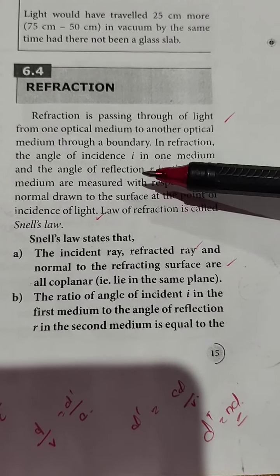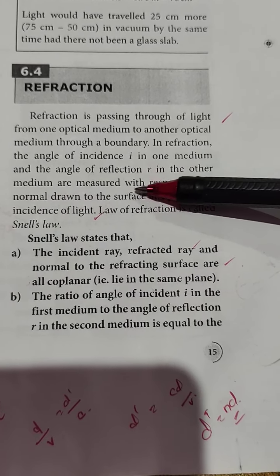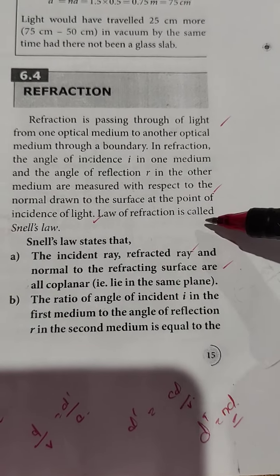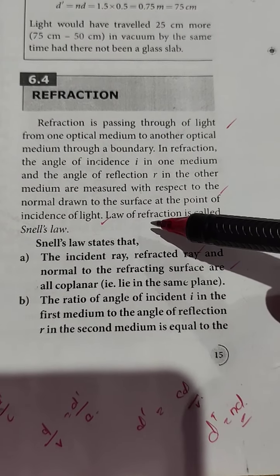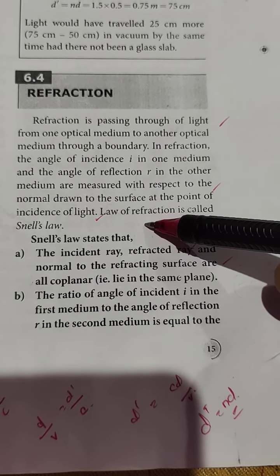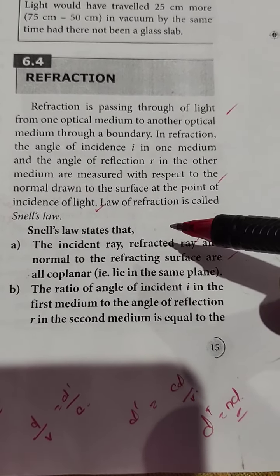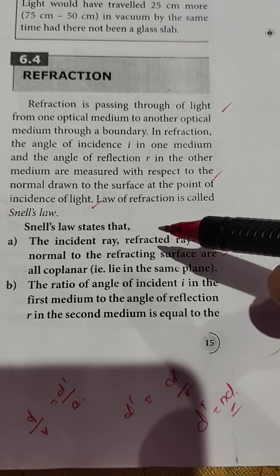Notice this point, the angle of refraction is in the other medium, measured with respect to the normal drawn at the point of incidence. This is called the law of refraction, which means Snell's law. So Snell's law is an important one.